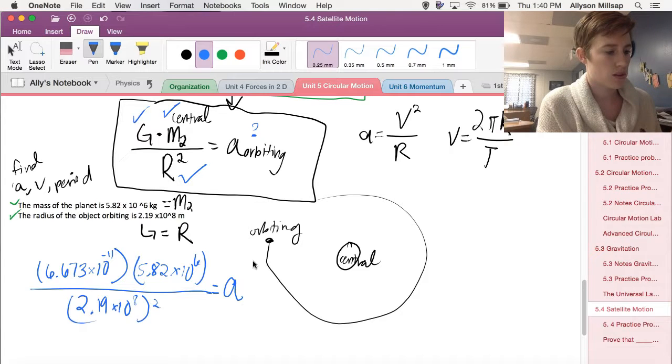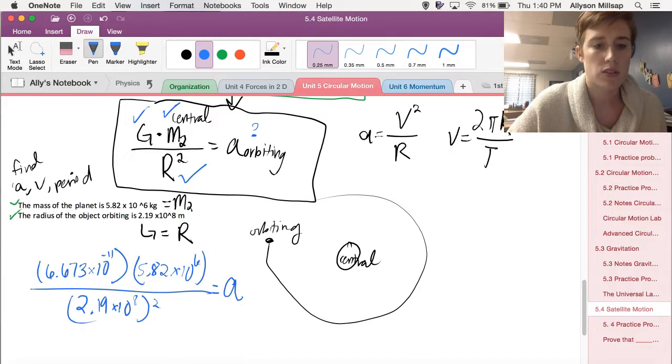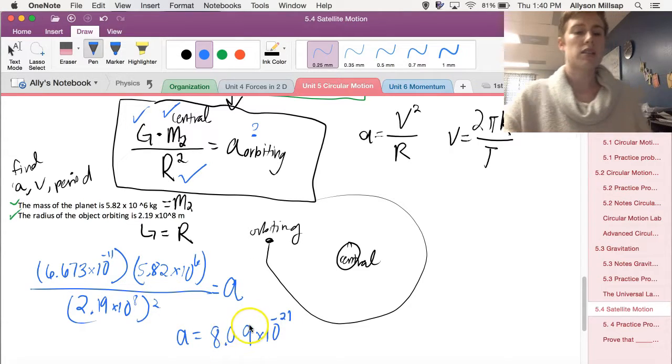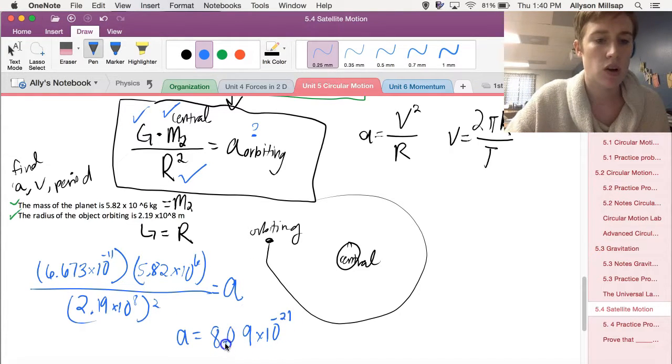Oops, almost forgot to square. That's important. All right, so for acceleration, I get 8.09 times 10 to the negative 21. That's my acceleration. It's a very small acceleration.